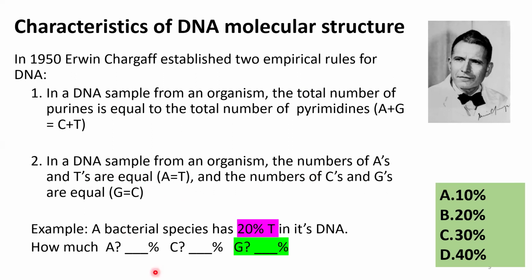So, if we have a question where we ask, a bacterial species has 20% thymine, how much do we have of adenine, cytosine, and guanine? From Chargaff's rule, what we know is that 20% thymine means 20% adenine, and if we add that together, it's 40%.